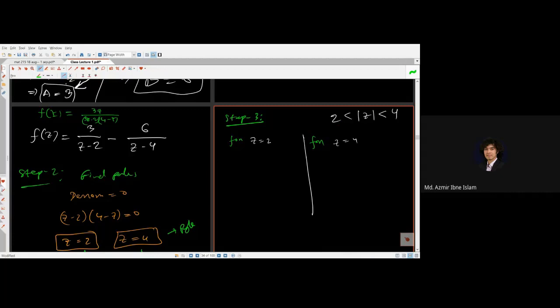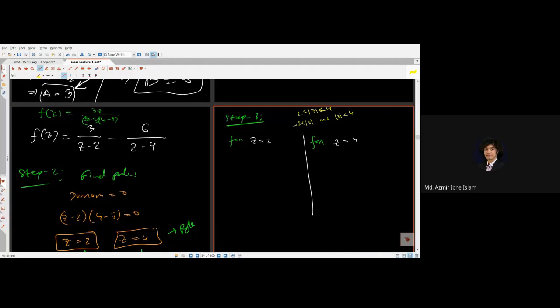So this region can be actually written in another way. 2 less than modulus of z less than 4. We can break this down as 2 less than modulus of z and modulus of z less than 4.